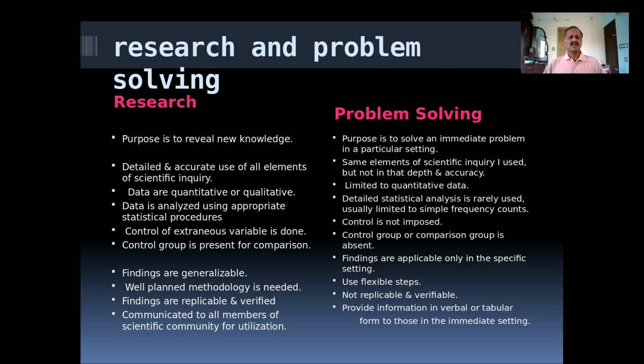In research, the control of extraneous variables is done. What is an extraneous variable? Extraneous variable means there are some factors which affect our study which are not directly measured or involved in the study. For example, in our class, you are listening to the class now.